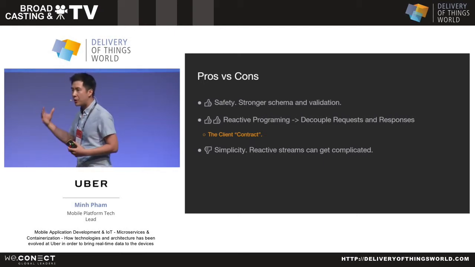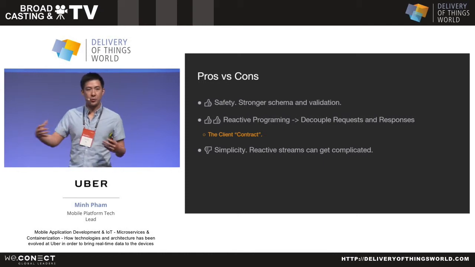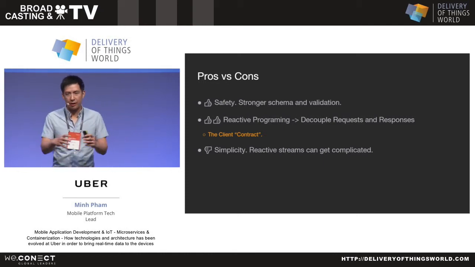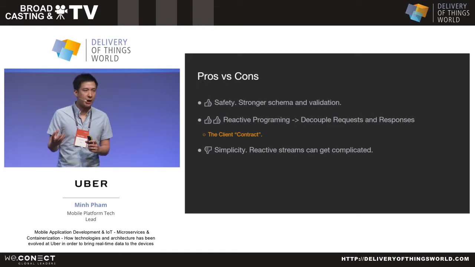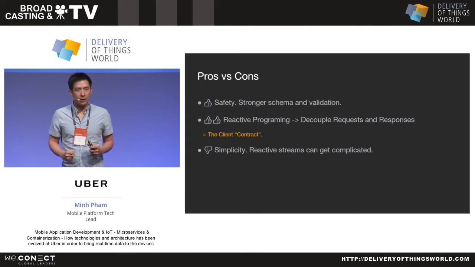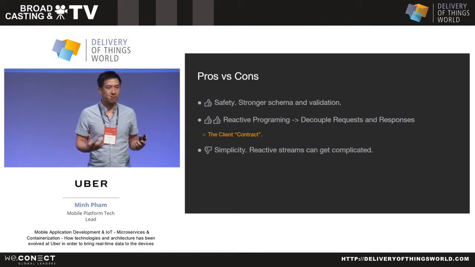So each UI element is attached to a data stream. A transaction at the top can be attached to, or observe, a transaction stream. And whenever the data on that stream changes, it should be able to render itself. That's what we call the client contract, right?